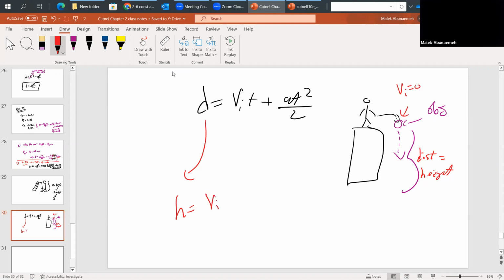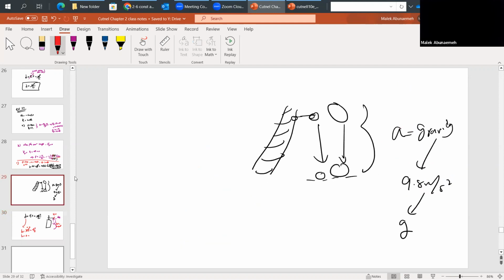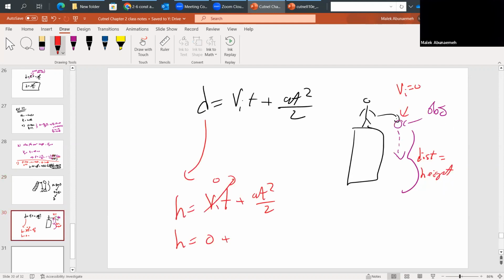So in this case, your height, which is v_i t plus a t squared over 2, is going to equal, this is going to go to 0. So basically, you're getting a 0 plus. Now, what is making this go down? Again, we define this acceleration as gravity. So this acceleration over here that we have is going to equal g.